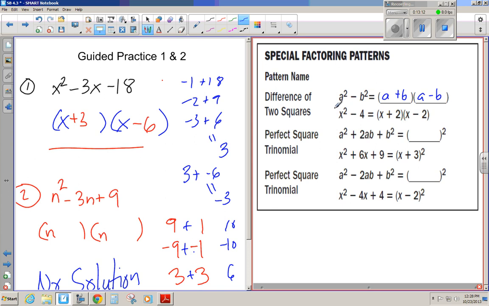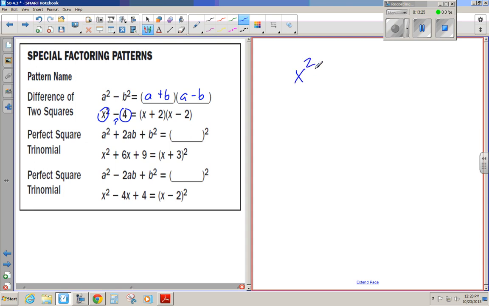X squared minus 4, perfect square, perfect square. It's the difference of perfect squares, so it's x plus 2, x minus 2. X squared minus 16, perfect square, perfect square. X plus 4, x minus 4. That's how you factor these.